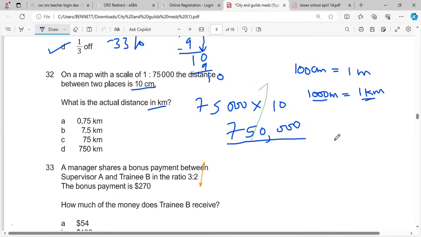Initially I was thinking D, but then I realized that it was not meters, it was actually from kilometers to centimeters. We get one wrong from morning.